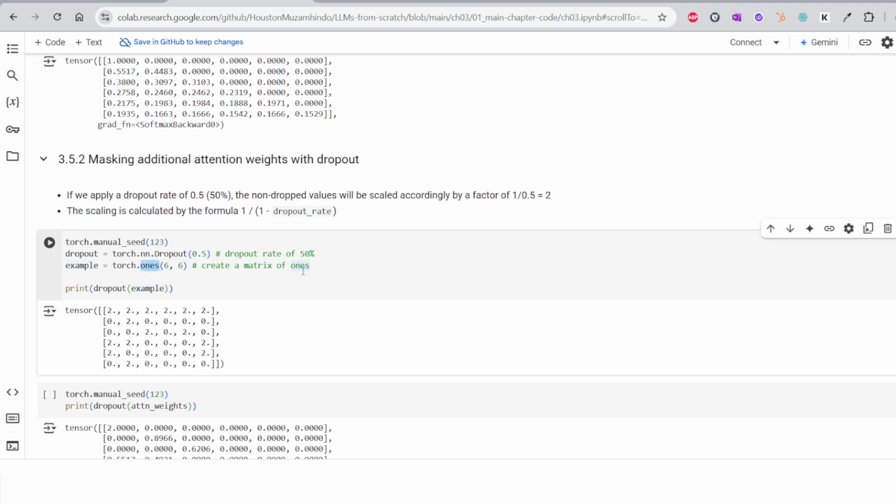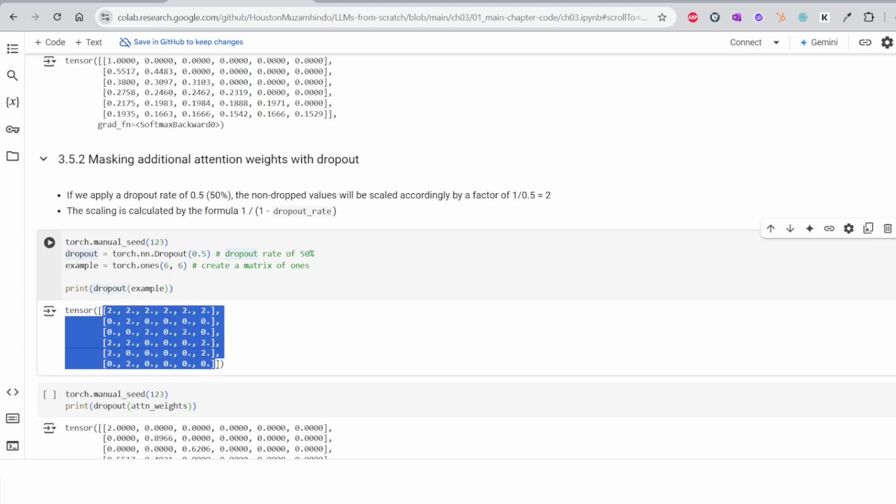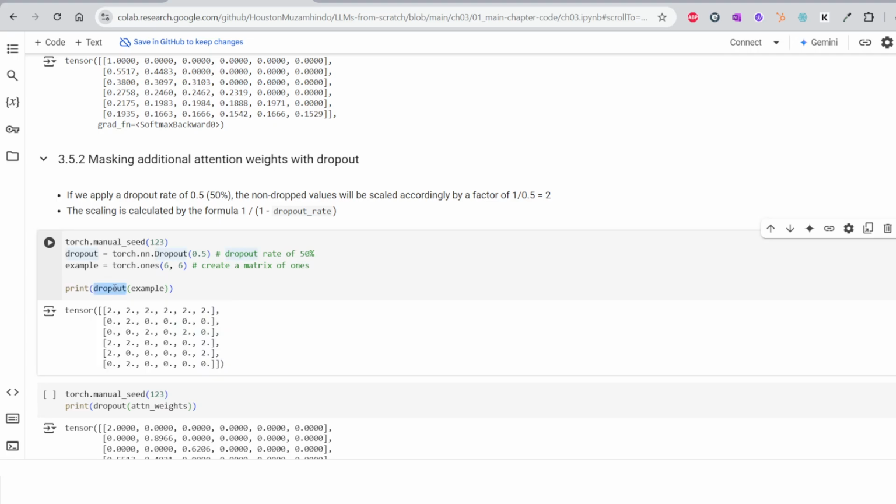This torch ones creates a 6 by 6 matrix of ones, and that's the one that we put into our dropout function. Then we get back this matrix with the scaling factor applied, and the zeros are in positions where this function randomly chose where we are dropping out.